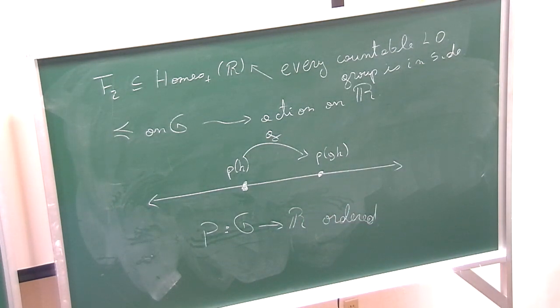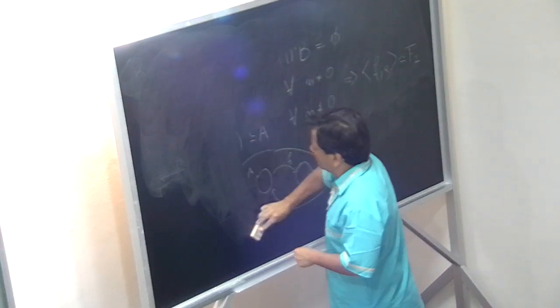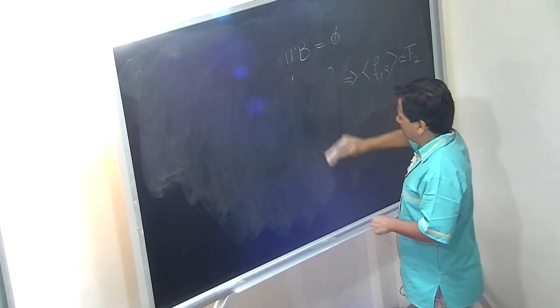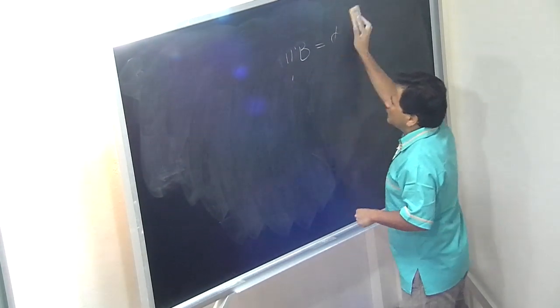This is really something tautological, but it is nice to look at this action and to try to understand what's happening. For instance, let us consider this action, and let us suppose that the order is bi-invariant.